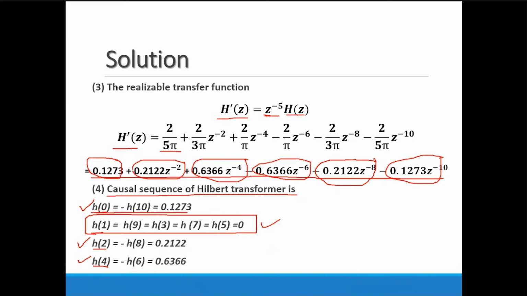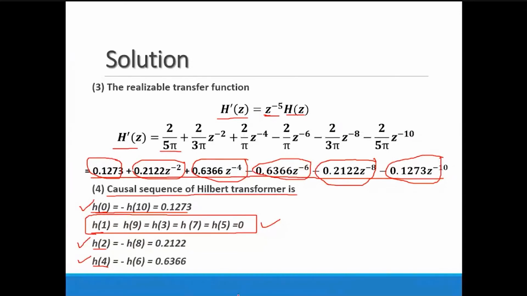So we are getting H0, H10 having value 0.1273, H2, minus H8 0.2122, H4, minus H6 having value 0.6366. The remaining coefficients H1, H3, H5, H7 and H9 have the value 0.